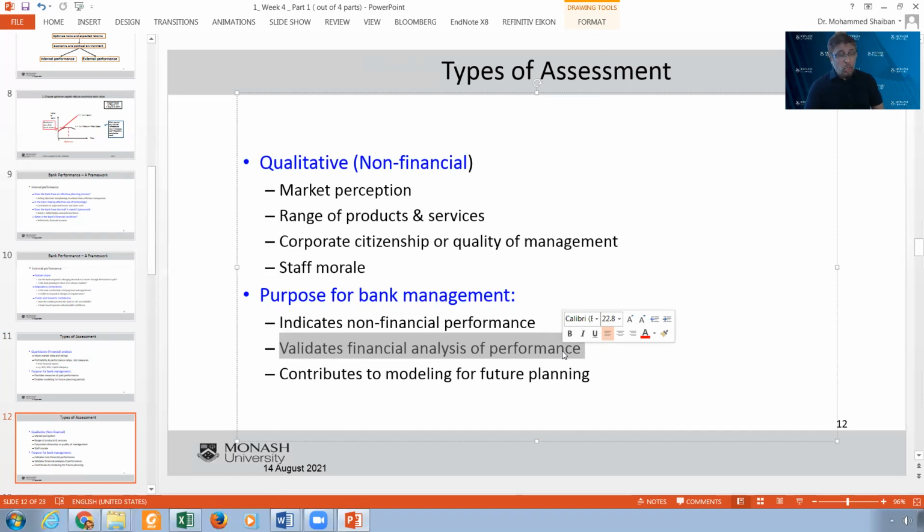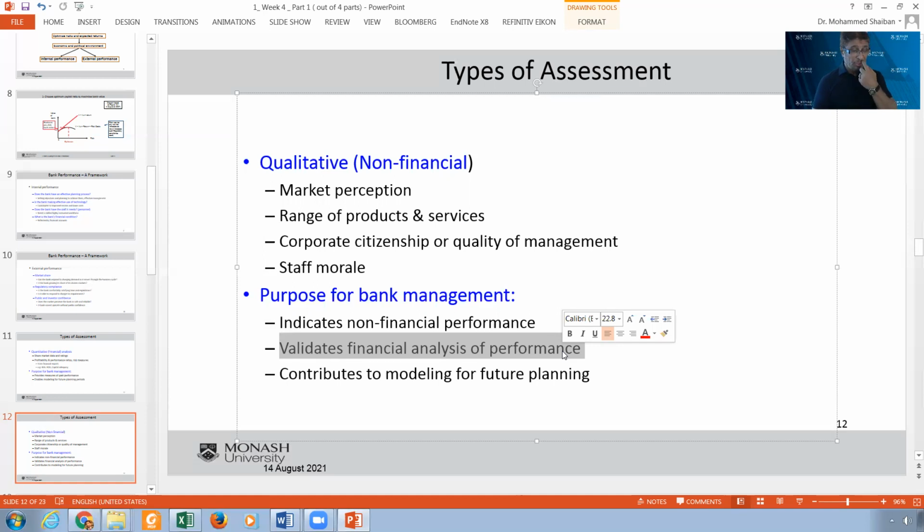But if it is completely the opposite, then questions come to the picture. How come my share price is doing well, but my reputation is going down? How come I'm the worst bank in products and services, but when you see my financial reports, I'm the best? So there must be some questions there.